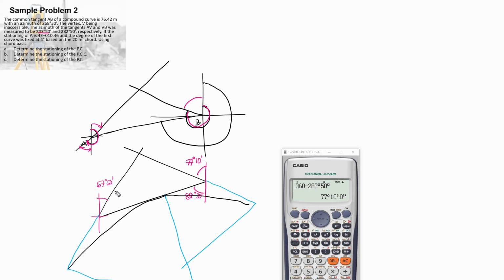Kaya natin nakuha yung interior angle dito is, paano ba? Yung angle na ito hanggang dito is 88 degrees, 30 minutes. And then, yung angle na ibabawas natin is 67 degrees, 50 minutes. So, dapat ito ay yung sagot natin kanina na 20 degrees.